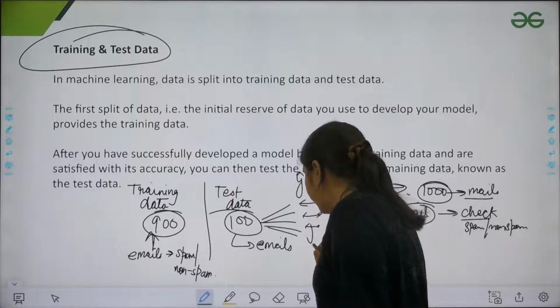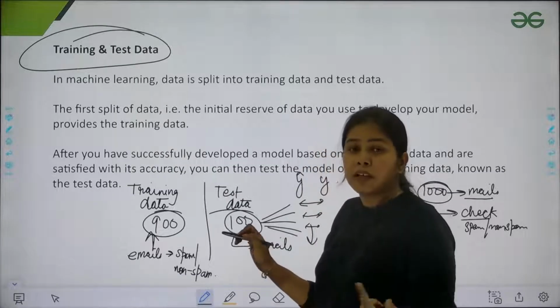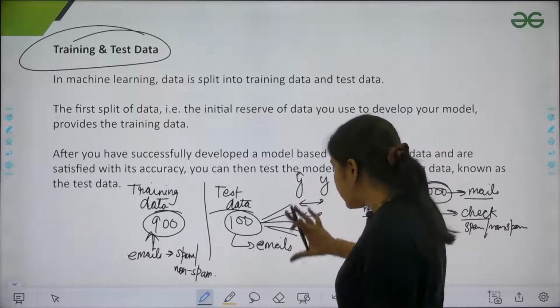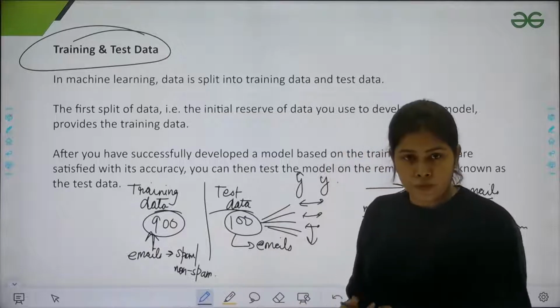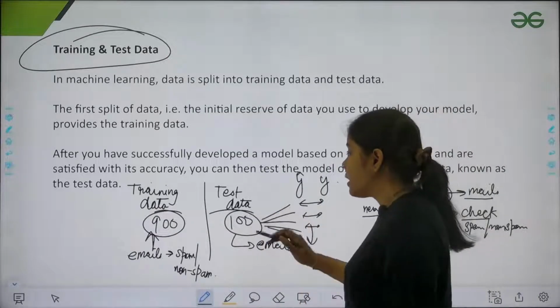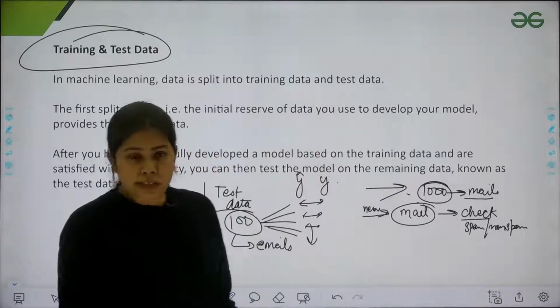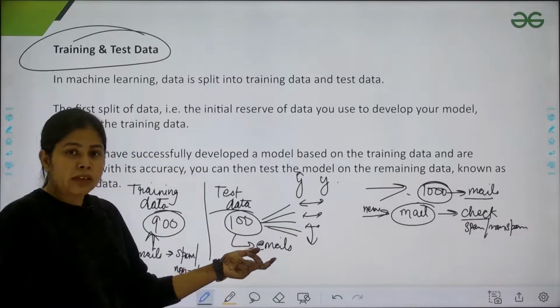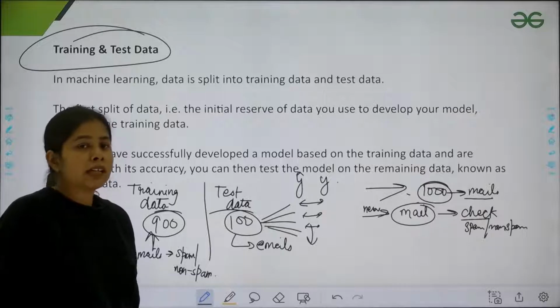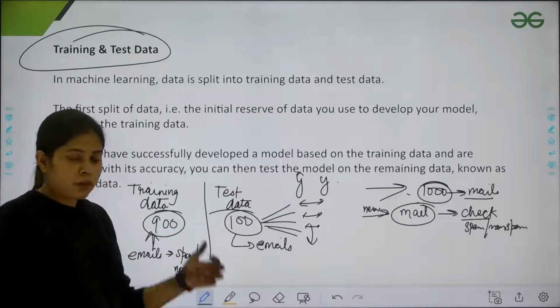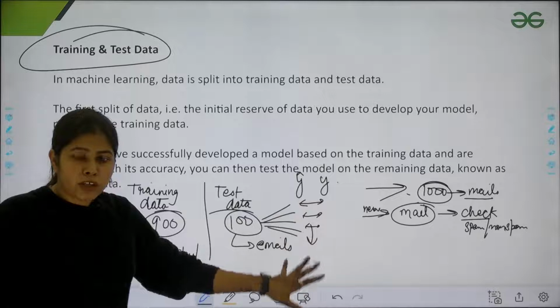If this difference is large, for example, if out of these 100 points the machine is giving 60 points wrong results, what does it mean? That means we have 40% accuracy. That is not a correct algorithm, right? So I'll not use that.